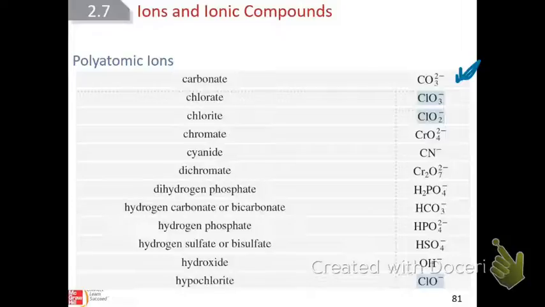Then we have chlorate, which you will not have to know. But these two right here, chlorate and chlorite, are what we're talking about with oxo anions. They both contain oxygens, and they're both anions, but one contains more oxygens than the other. So one gets the ending -ate and one gets -ite.